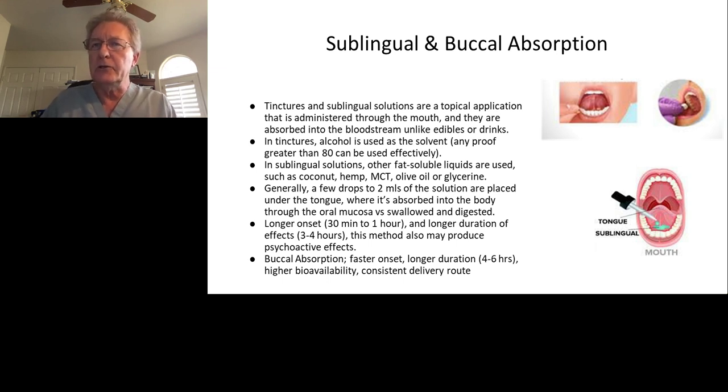What you're supposed to do is hold it for between 5 and 15 minutes. Most people, on questioning, will hold it between 30 seconds and 45 seconds before they swallow it. Now, we already talked about what swallowing does as far as changing the onset of action and duration of action.